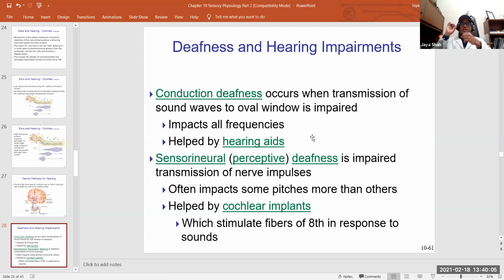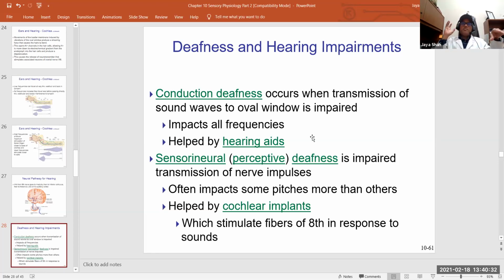So any damage in the neuronal structure in the ear is sensory neural deafness. What can be damaged then? It is damage to the inner ear where there are hair cells, or the cochlear nerve, or damage in the brain. So anything from the inner ear up to the brain is sensory neural or perceptive deafness.